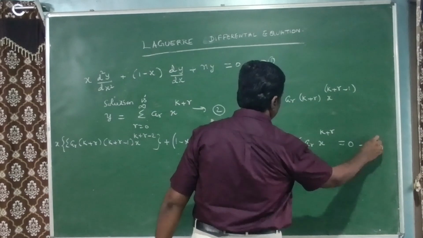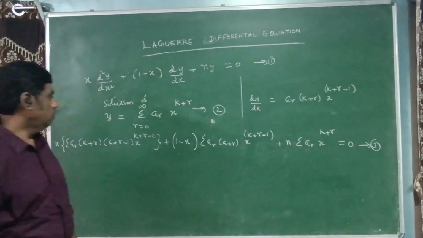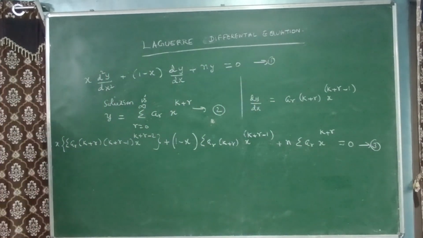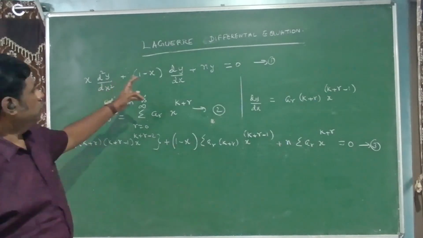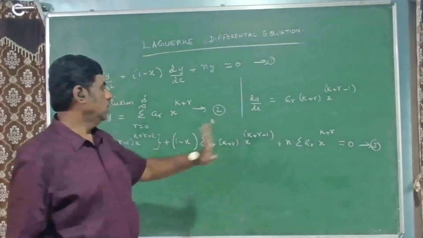So this is equation 3. We have just substituted the values of d²y/dx², dy/dx and y.